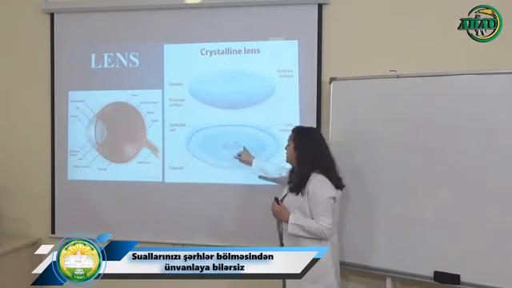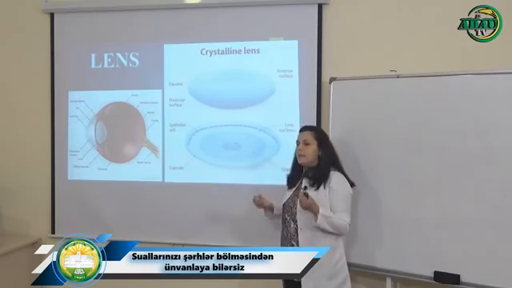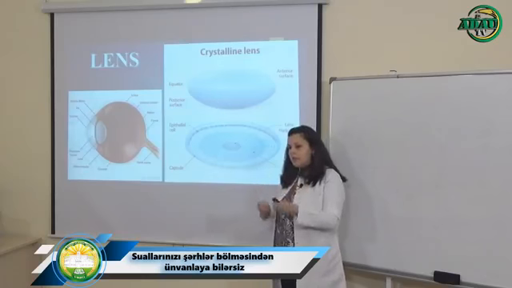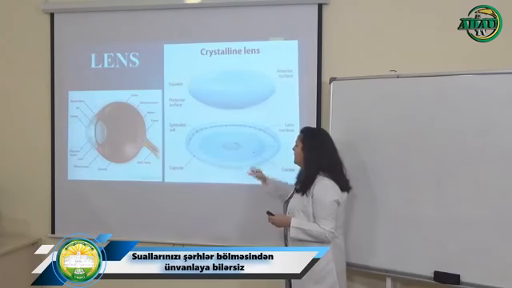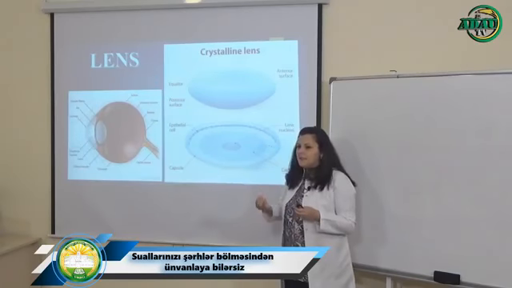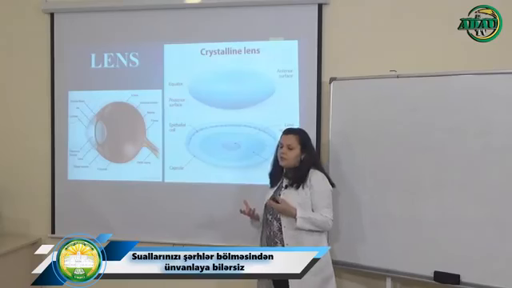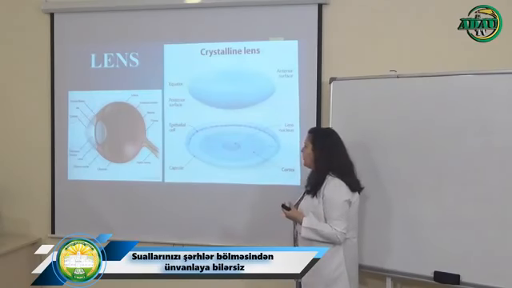Besides, there is the nucleus of the lens, and if we compare the consistency of the lens internally and externally, we can see that the internal part of the lens is much denser, harder, while the periphery is softer than the internal part of the lens.